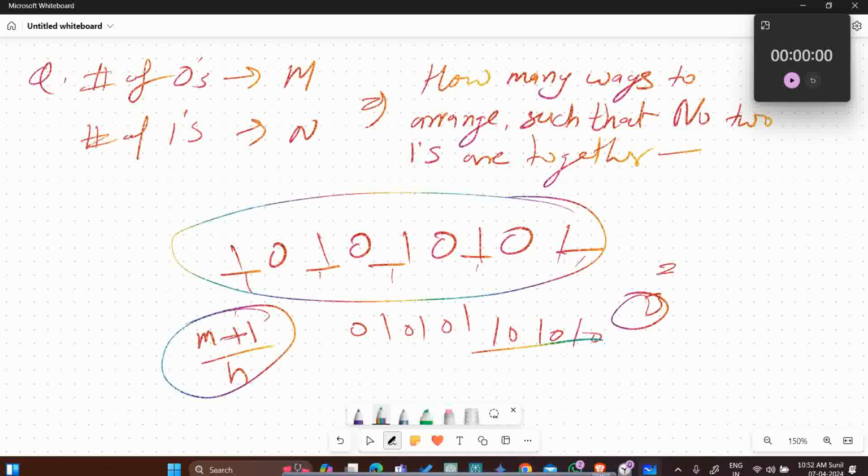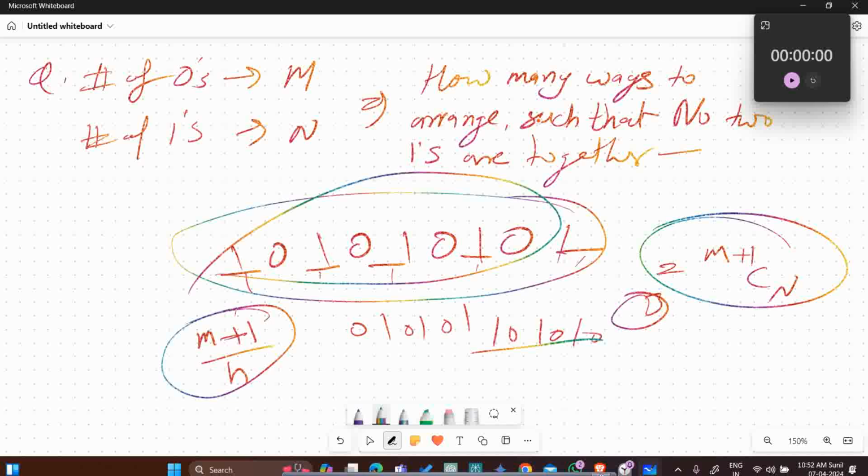This is only m plus 1 C n. This is how we do it: m plus 1 places, and select n of these places, m plus 1 C n only.